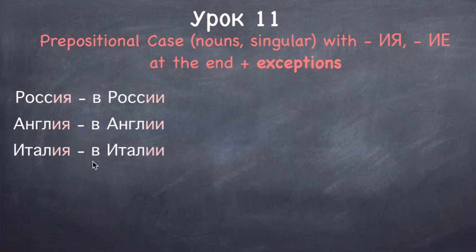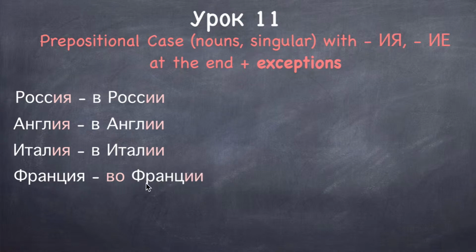Италия, в Италии. Also notice my pronunciation of the letter E here in this case. Whenever we have a noun starting with E, and previously we have a consonant, then it's pronounced as U. В Италии.